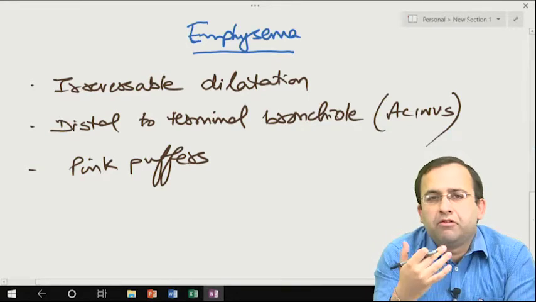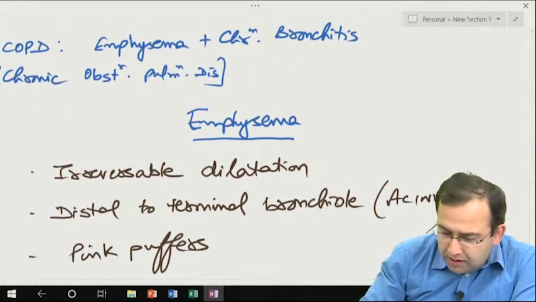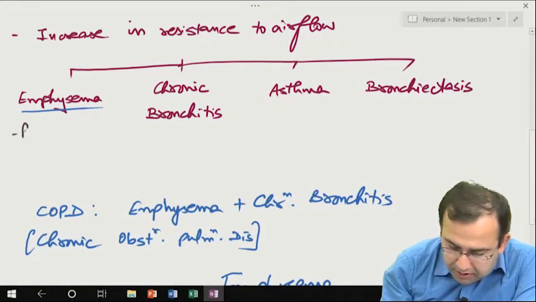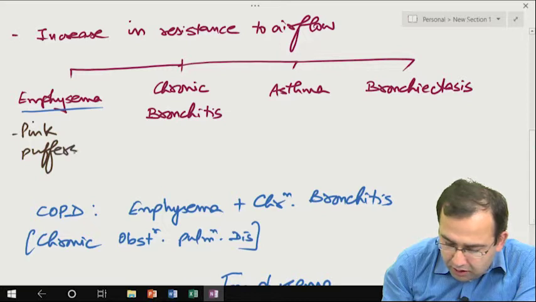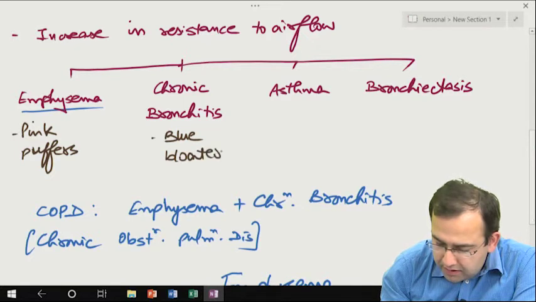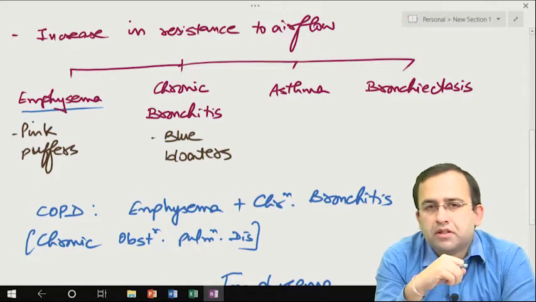They are puffing because the recoil capacity of the alveoli is not proper. So let us add this at the top only. Emphysema is pink puffers versus chronic bronchitis, which is blue bloaters.